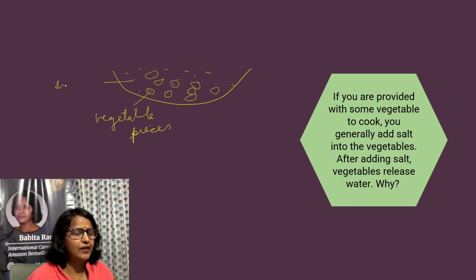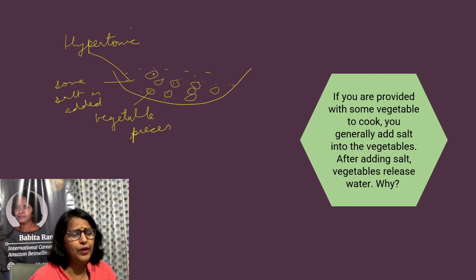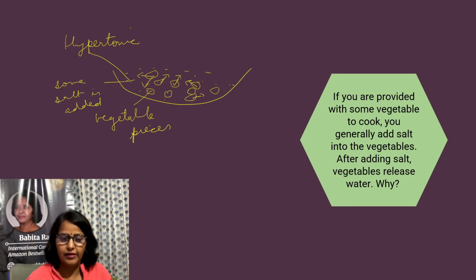Some salt is added, and this makes this solution hypertonic, and because of which this becomes hypotonic and water starts coming out of it, right? So, movement of water from hypotonic to hypertonic solution.